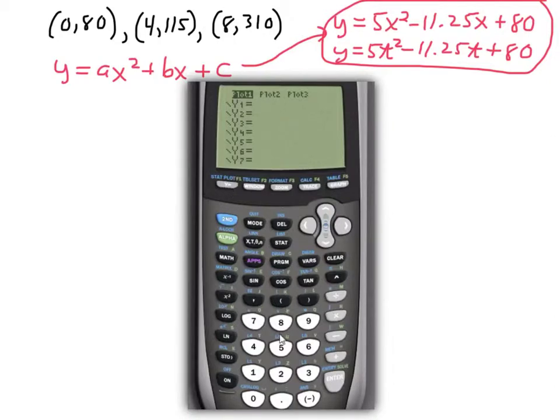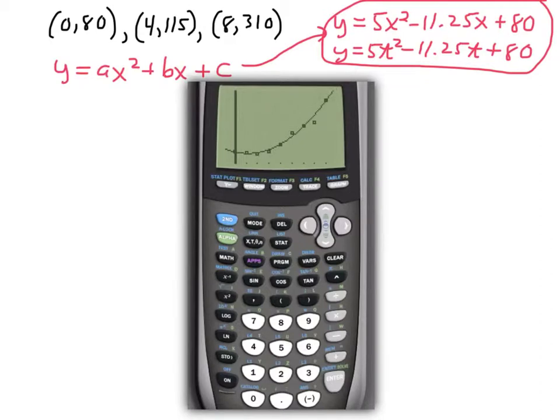So 5x squared minus 11.25x plus 80. And then just hit the graph key. And that adds that graph in there.